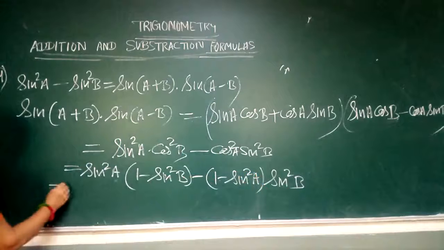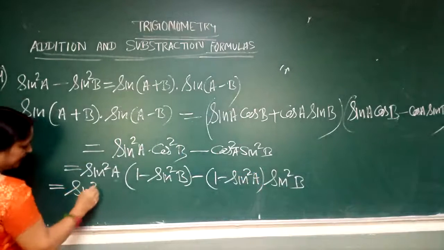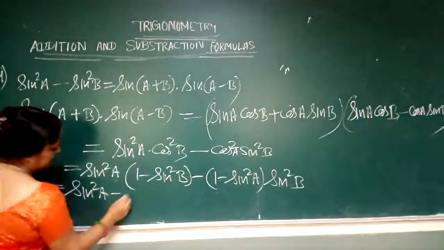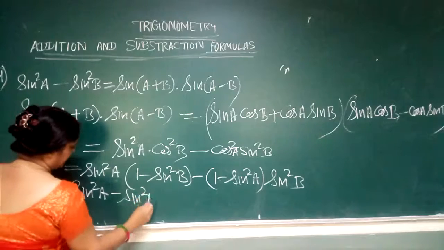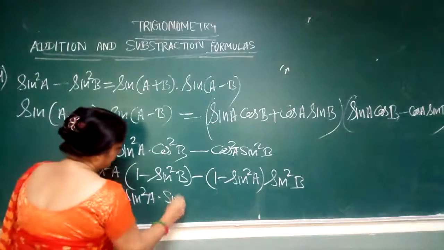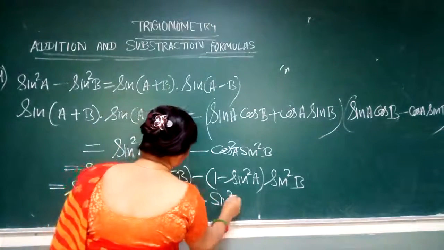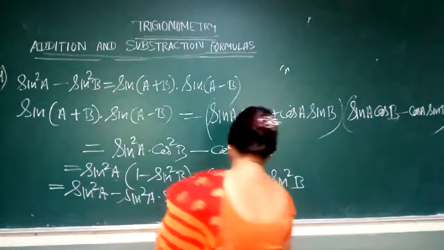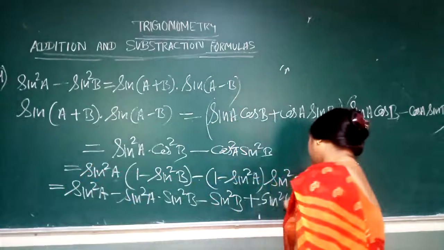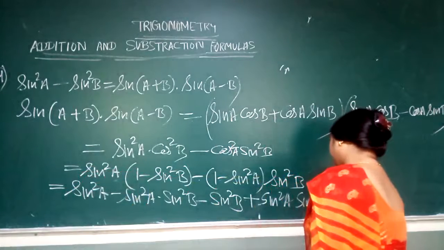After that, we will open the bracket: sin square a minus sin square a into sin square b minus sin square b, now minus minus plus sin square a into sin square b.